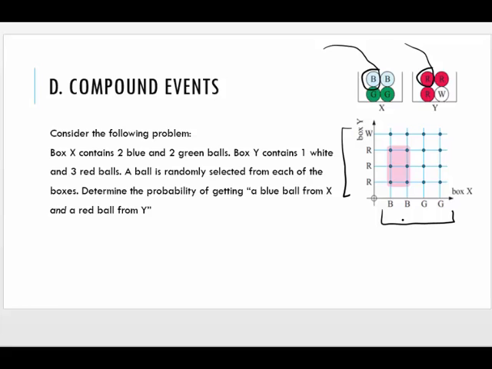And we can draw it, and we can see red, blue, red, blue, and so on. We have 6 different possibilities for that value. So here's what we're going to write. The probability of a blue ball being selected and a red ball being selected.